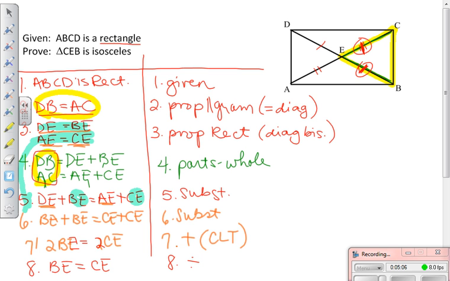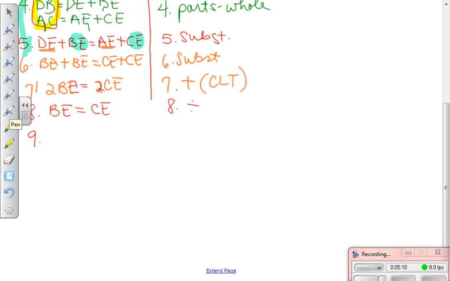If they are the same, then my proof is done. By definition, triangle CEB is isosceles. By definition, isosceles.